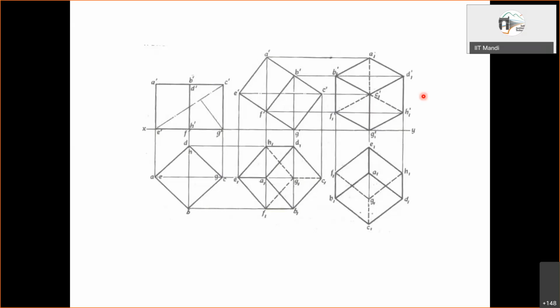If you have a look at these three visible faces, one here, one at the top, and one here, all three are looking like rhombuses, right? Each one has the shape of a rhombus.